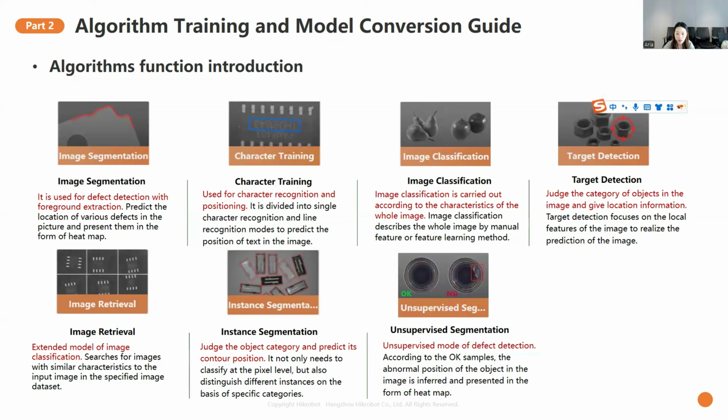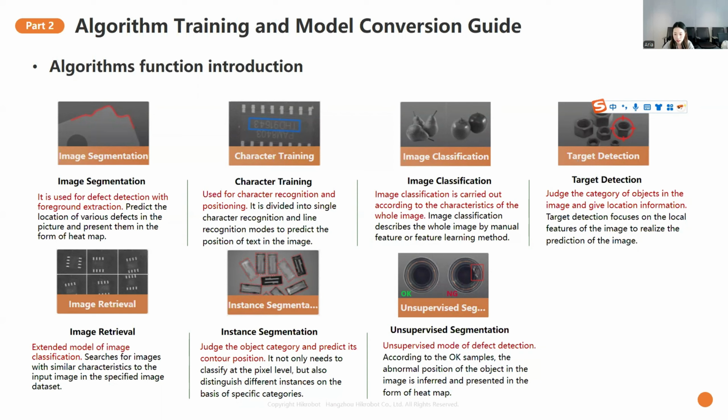So it's typically used for broad classification, such as telling apart an apple from a banana as shown in the figure. On the other hand, the target detection algorithm locates and identifies targets within an image, mainly distinguishing subitems such as different types of screws.